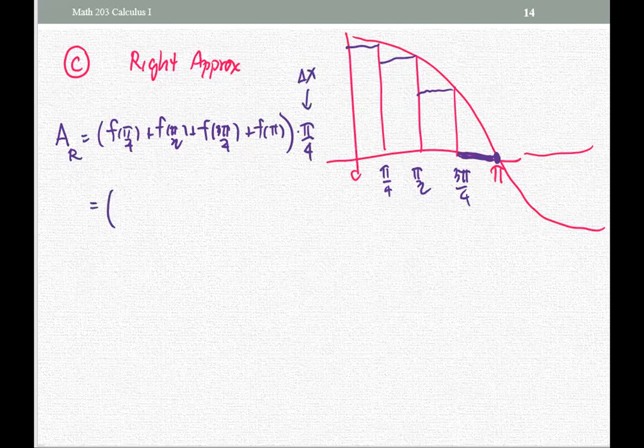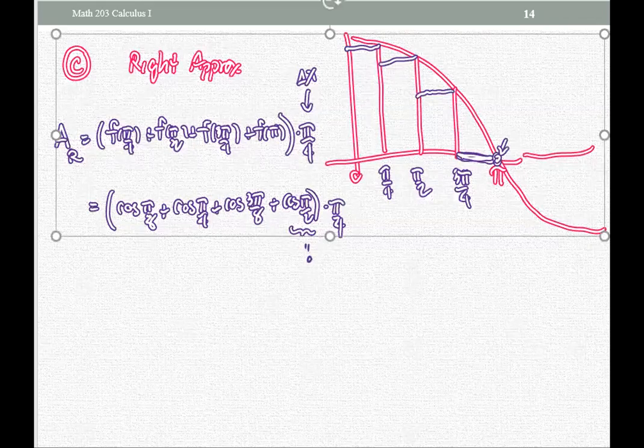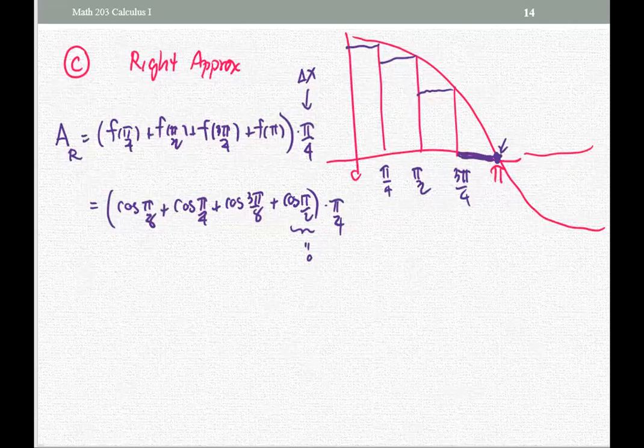And this is the sum of cosine pi over 8, cosine of pi over 4, plus cosine of 3 pi over 8, plus cosine of pi over 2, and then multiply by pi over 4. See the last one, the height is 0, because cosine pi over 2 is 0. So the function value and the height of the graph should go together. Otherwise, something is wrong in the process that you are working on.